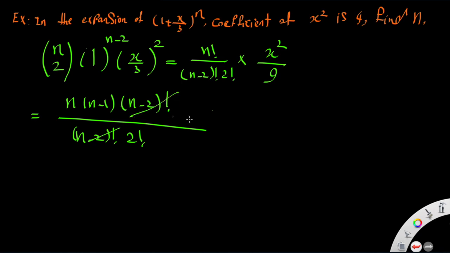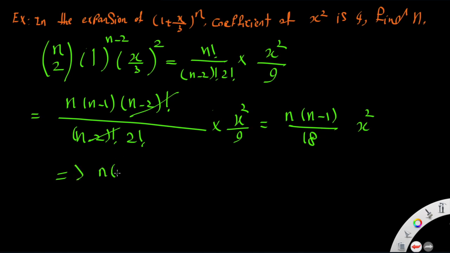We can cancel out the n minus 2 factorial. 2 factorial will be 2, so n times n minus 1 over 18 x squared will be the term including x squared. So this coefficient must be 4.